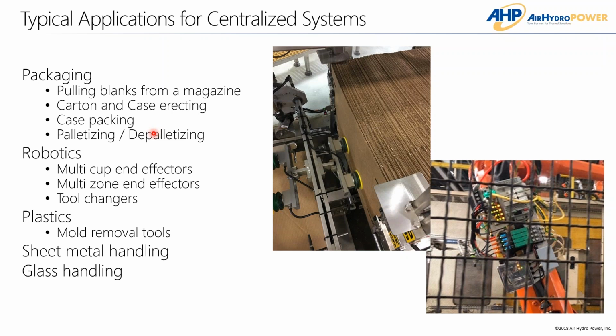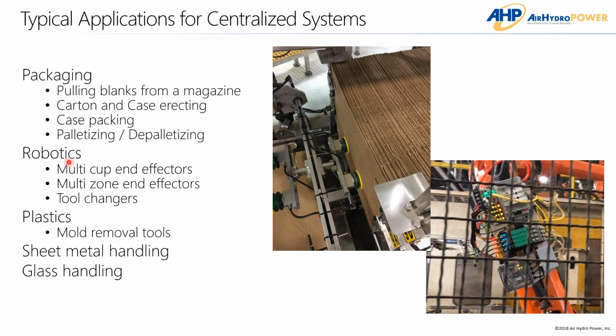So there's not a big need for any type of part present sensing or feedback. It's just, hey, we need to keep this rolling and have lots of cups acting at the same time. And so that's where this centralized system fits; there's not a need for that extra degree of control and safety.